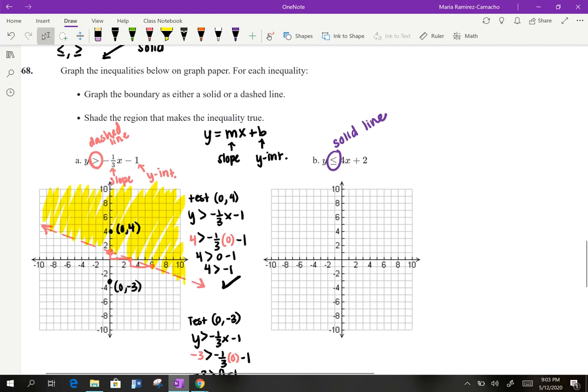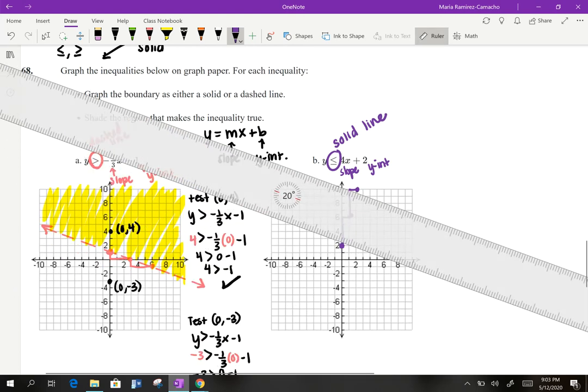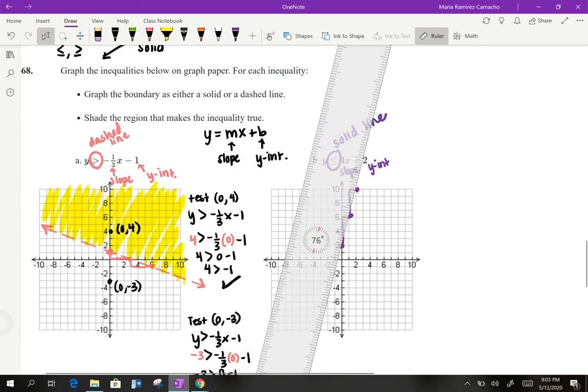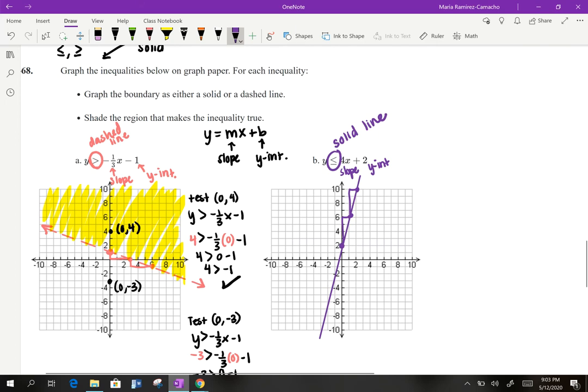For this inequality, 4 is our slope, 2 is our y-intercept. So starting at 2, I'm going to draw my slope triangle. I'm going to go up 4 and over 1, and up 4 and over 1, and I'm going to draw my line. I have this ruler tool so I can draw a straight line. Okay, solid line.